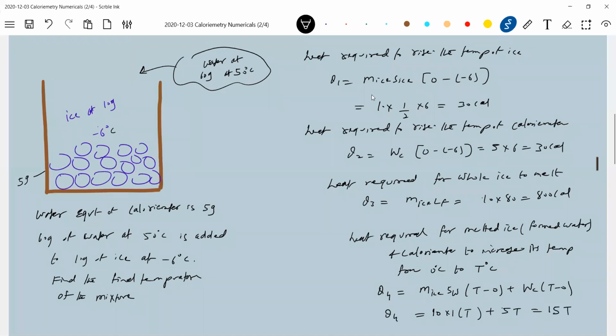Tell me, who should provide this Q1, Q2, Q3, Q4 when the temperature of water decreases from 50 to T degrees Celsius?